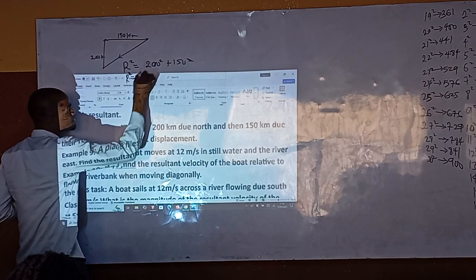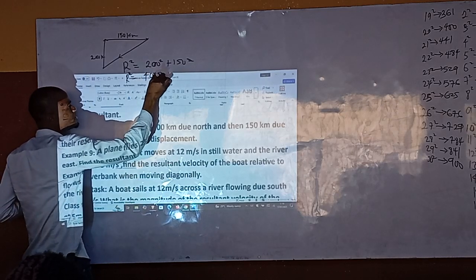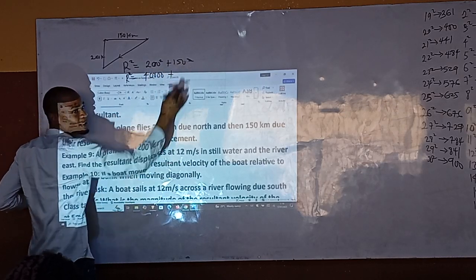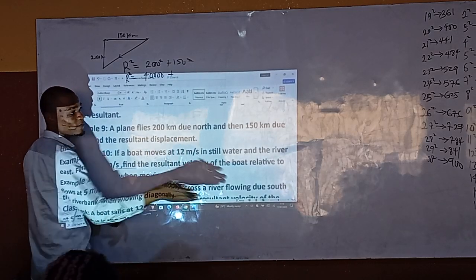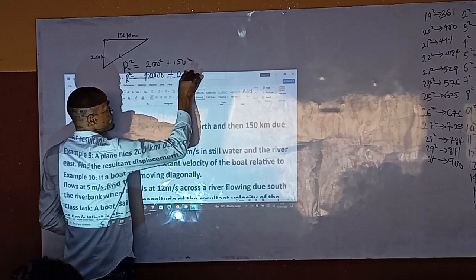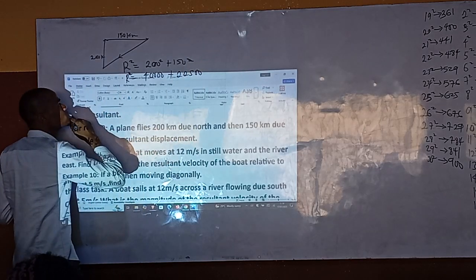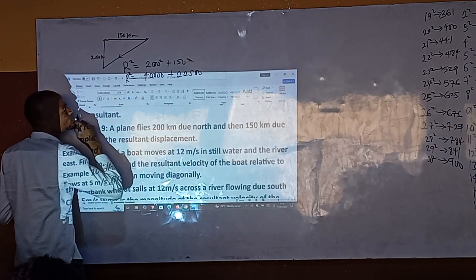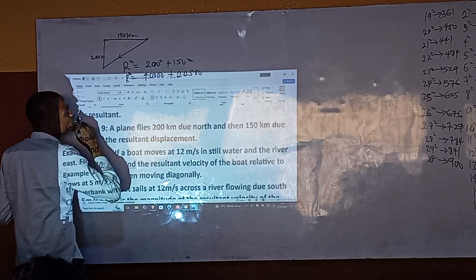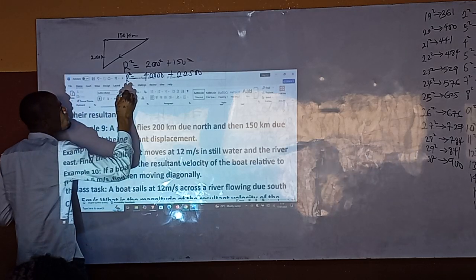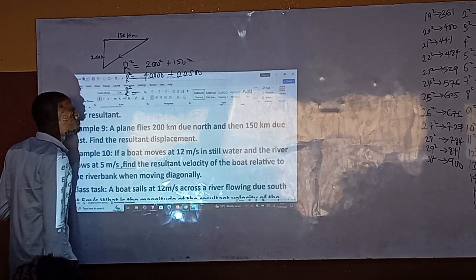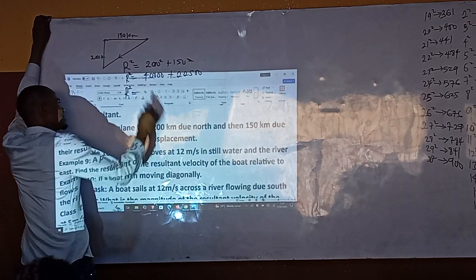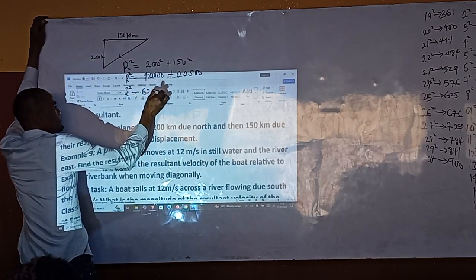That's 2 times 2, 4, right? The remaining 4 zeros, put it here. 150 squared, that's 150 times 150, right? 15 times 15 is 225. That's the 22,500.